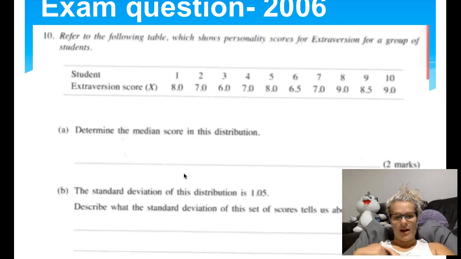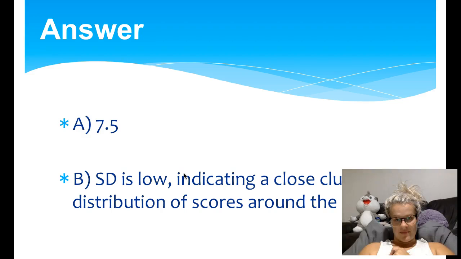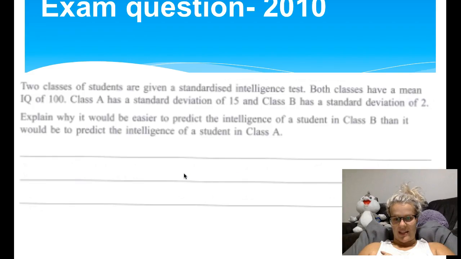So you are describing what the standard deviation of this set of scores tells us about the distribution. So is it high and widely spread, or is it low and clustered? Yes, the answer is low. So the standard deviation is low, which means that there is a clustered distribution of scores around the mean.